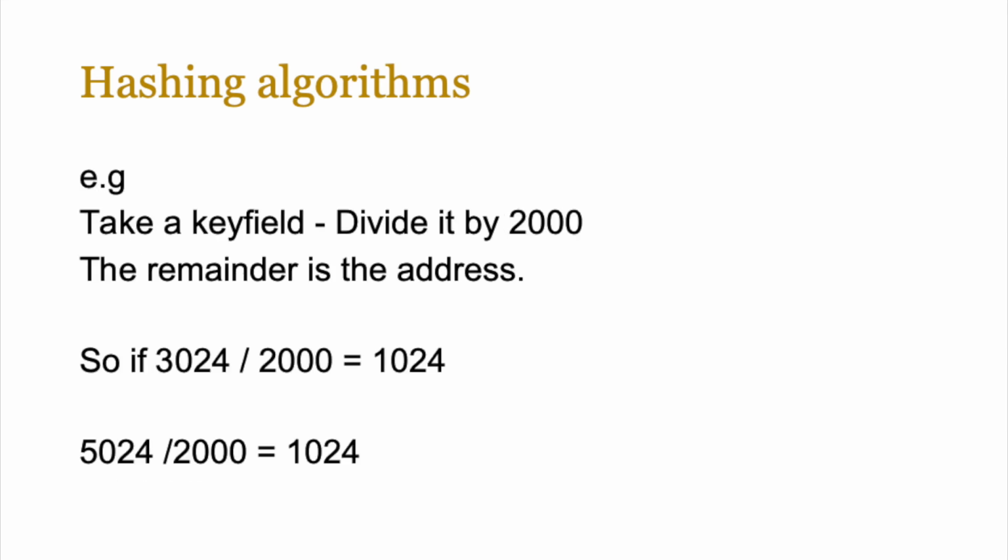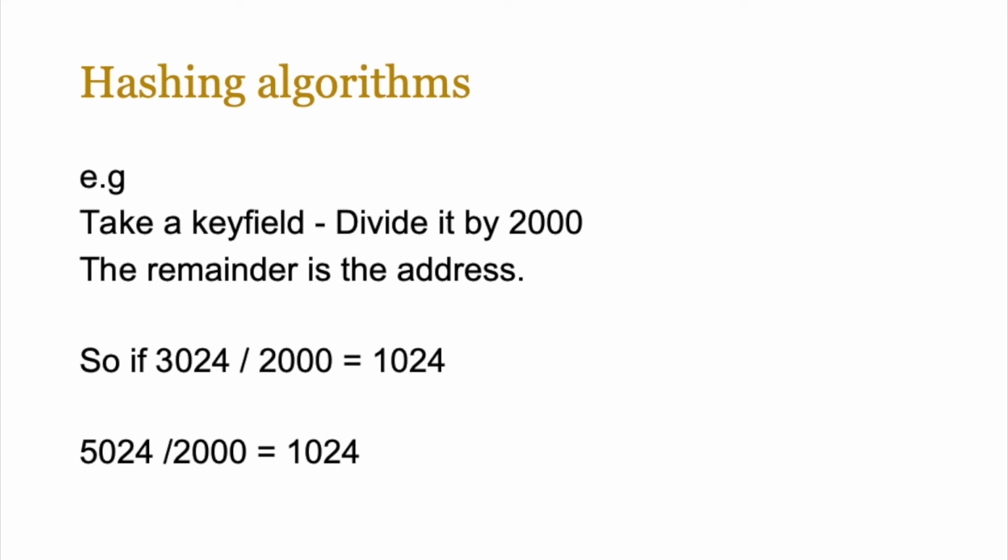Okay, so let's start with a simple hashing algorithm. Here's an example. You take a key field, you divide it by 2000, and the remainder is the address. So if 3024 was an ID number, you divide it by 2000, which gives you 1024 as the remainder, and that's your address. Now think about it this way.